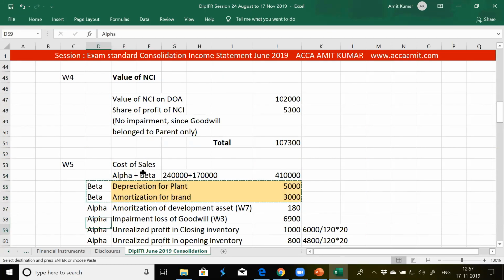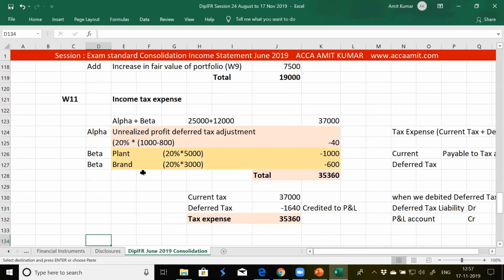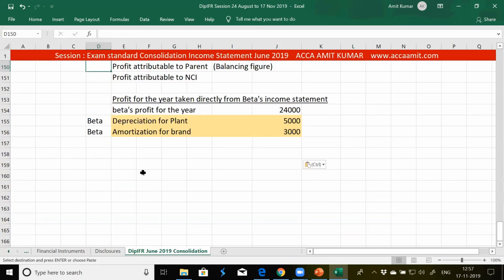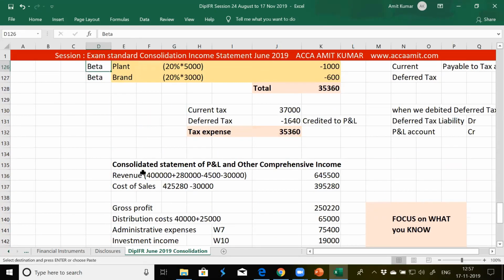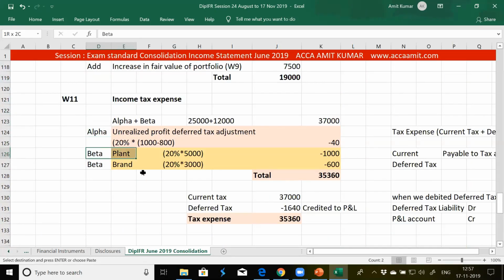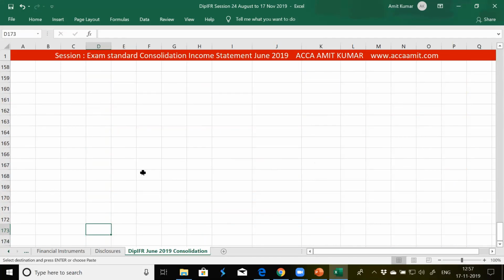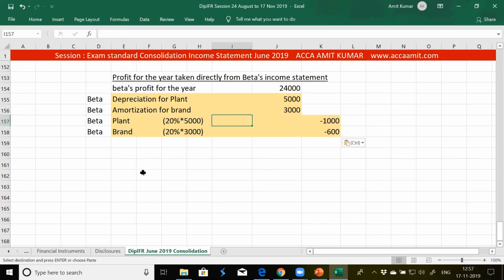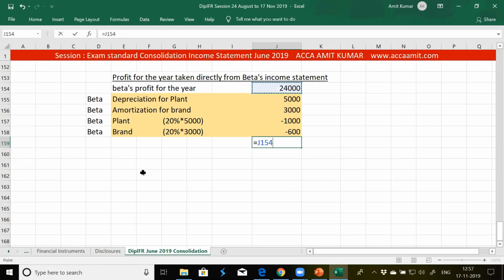These two and the income tax expense adjustments. This has also not happened in the amount of 24,000. So the mistake which I was trying to commit is sorted here. So for the profit attributable to NCI, the total profit is 24,000.